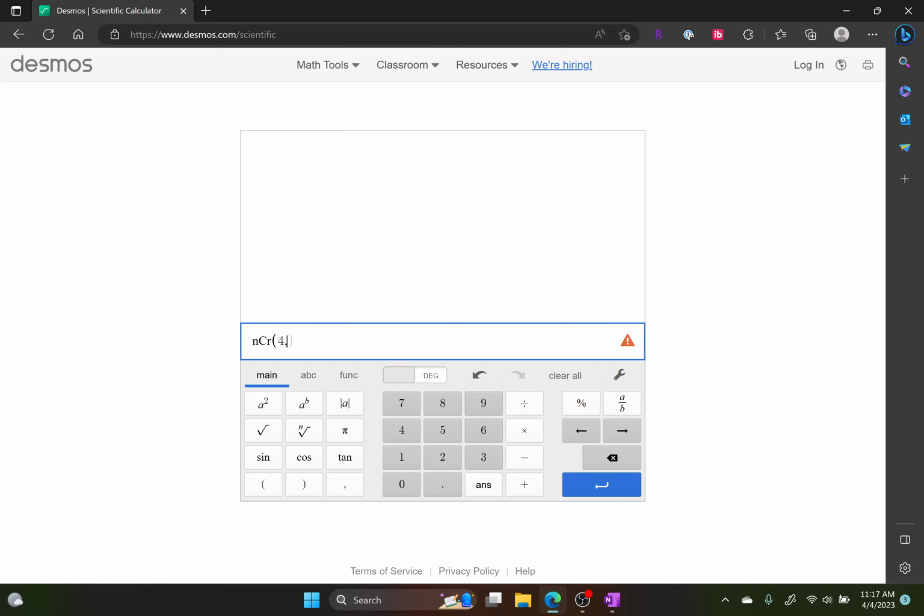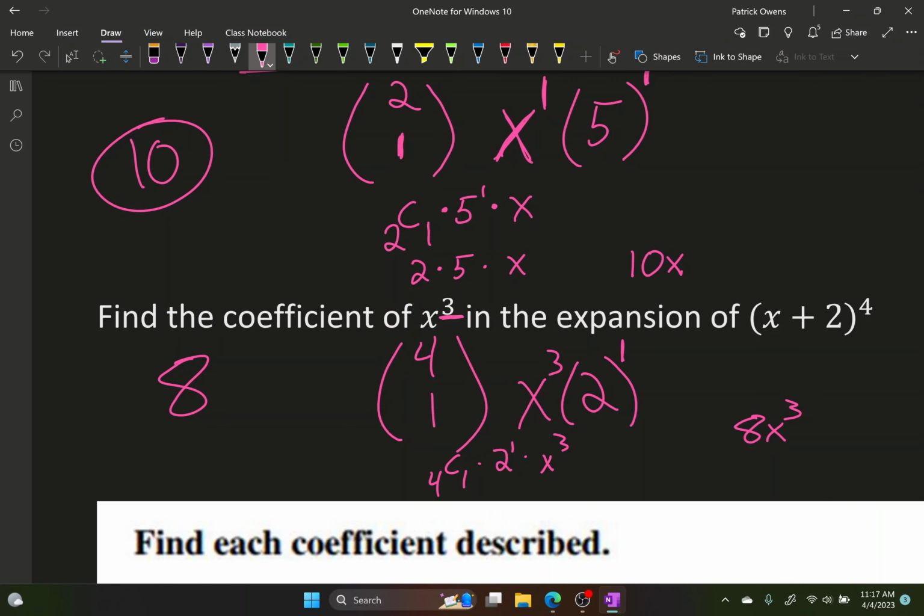So 4, comma, and then our r value or our k value in terms of the binomial theorem, and then 1, and then that tells it to us. If you are using a TI device, you need to hit the math button, go into the probability menu, and then go down to, I believe it's number 3, because I think permutations come first.